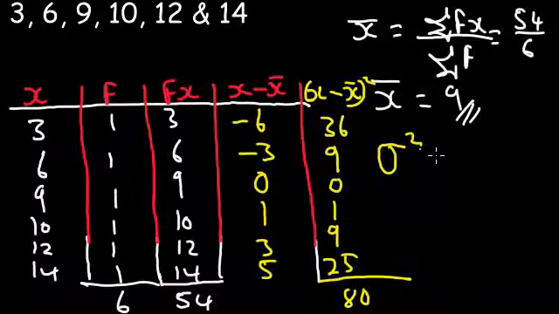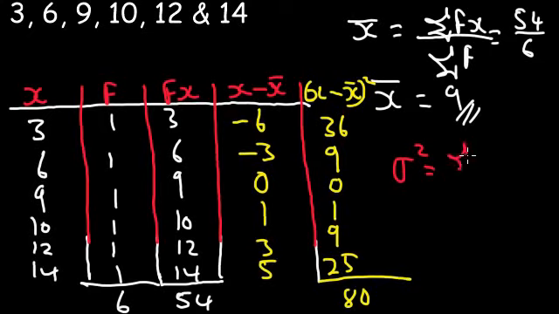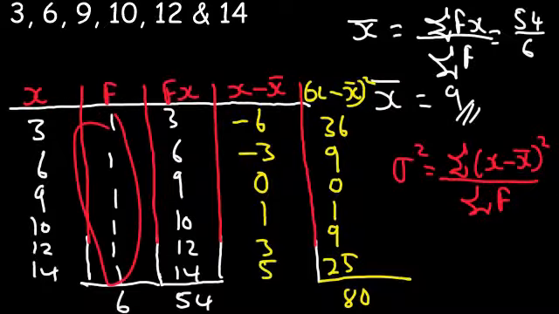So sigma squared, let me use a different color. Sigma squared is equal to the summation of x minus x bar all squared divided by the summation of f, which is the same as n this time around. You understand? Since f is just 1, we really don't need to do f times x minus x bar.